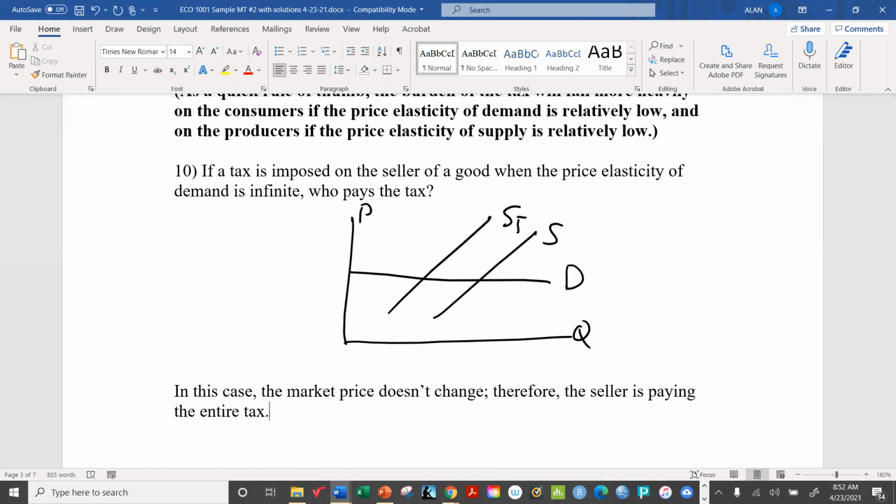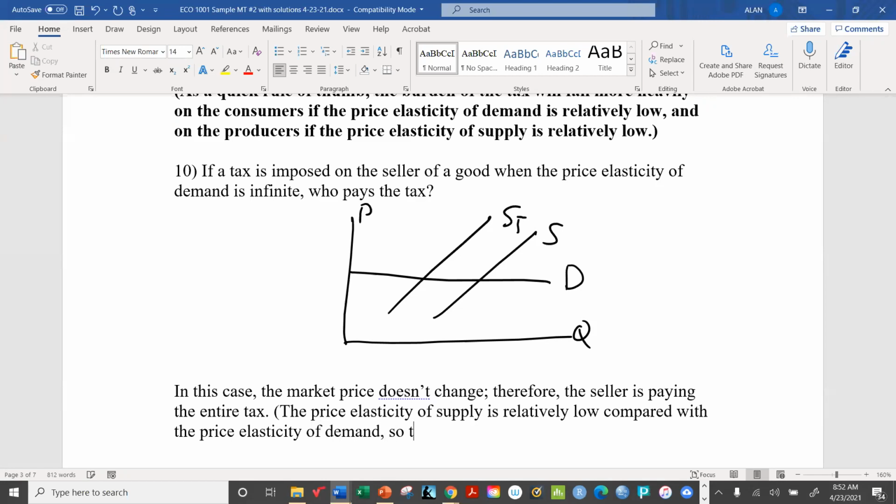The elasticity of supply is relatively low compared with the price elasticity of demand, so that the producer ends up paying, in this case, all of the tax.